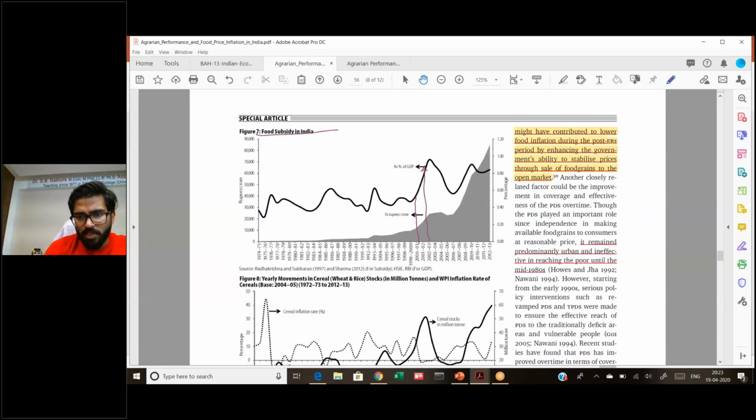Since then, can you see that there has been a huge increase in the food subsidy. This is because of the expansion between the procurement price plus procurement incidentals minus the CI. This is what gives you the food subsidy. I hope you understand this concept.